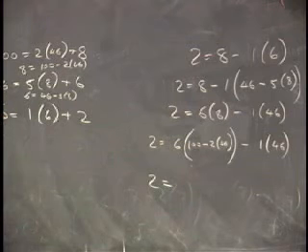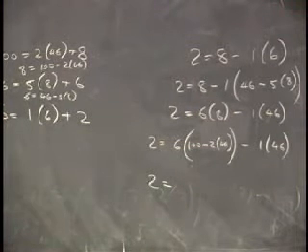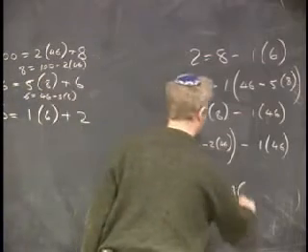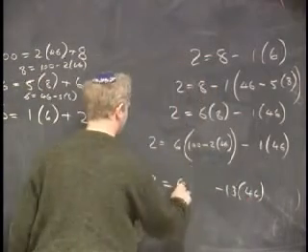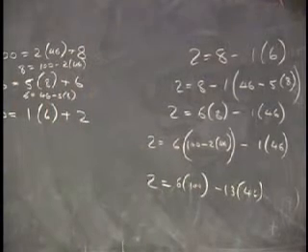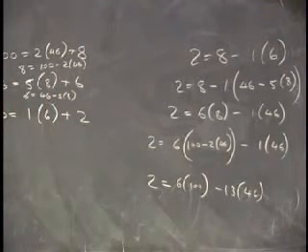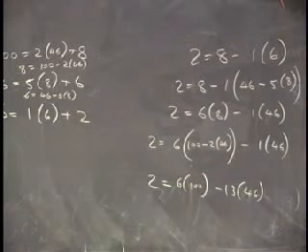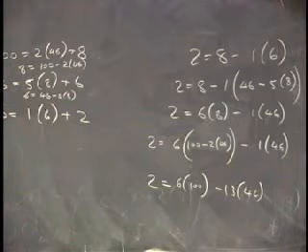Minus 12 minus 1, that's minus 13 46s. Is that right? And 6 100s. So 6 times 100 minus 13 times 46, that's better equal 2. And now you've got a linear combination of 100 and 46 equaling 2, which is what I promised you we could get if it was the greatest common divisor.